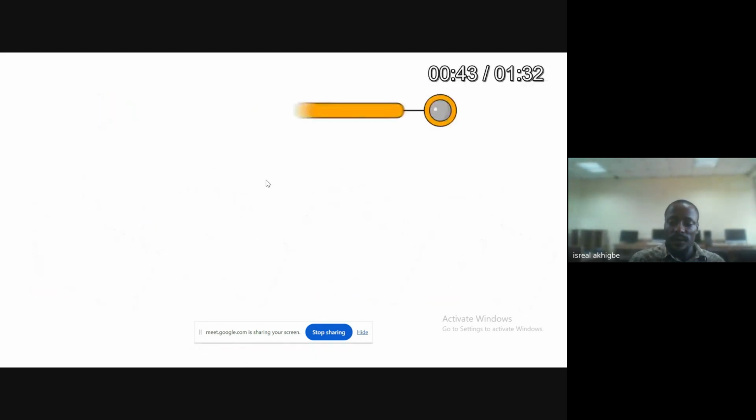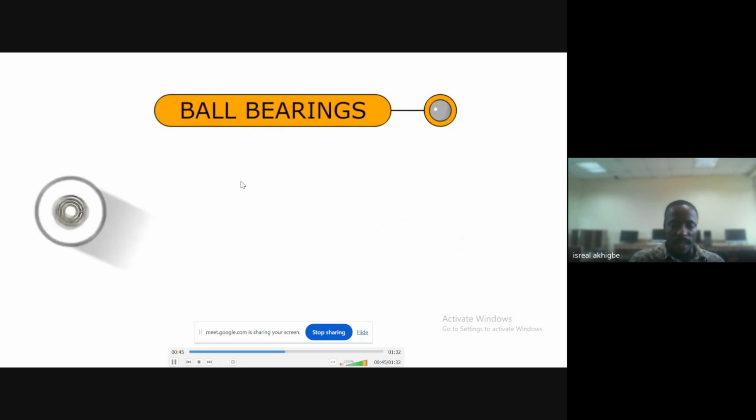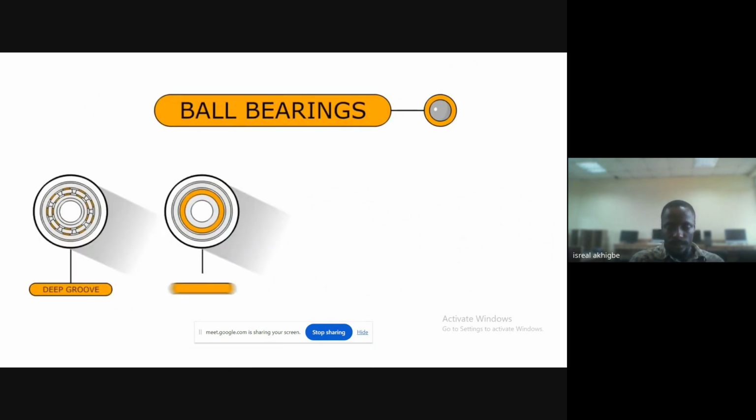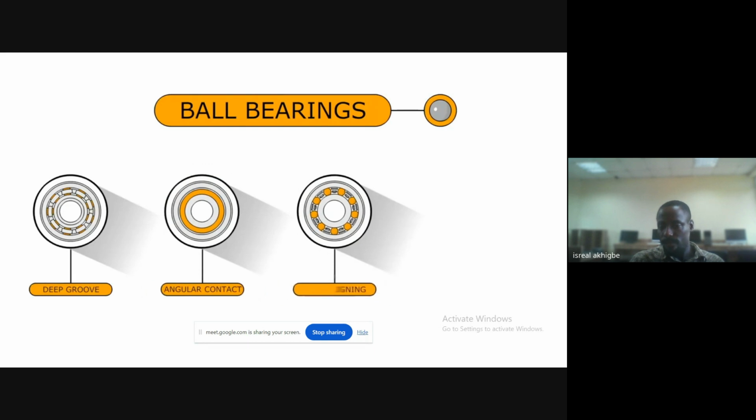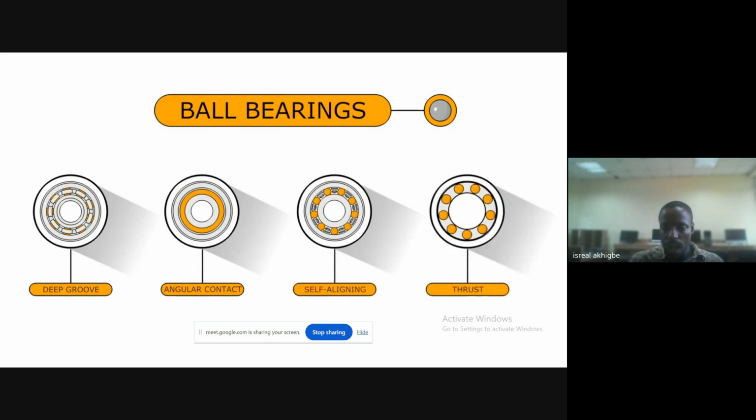Now, these 4 bearings you're seeing here, deep groove, angular contact, self-aligning, thrust bearing, are just types of bearing. You have plenty for different applications. There's taper rolling bearing. There are quite a number for different applications.